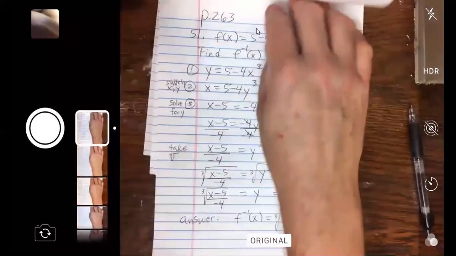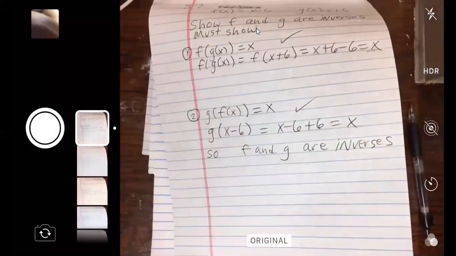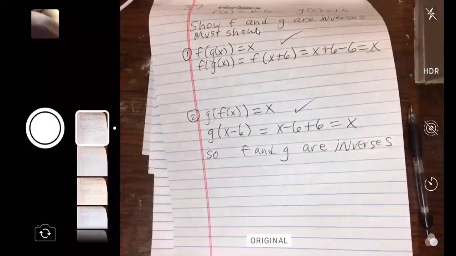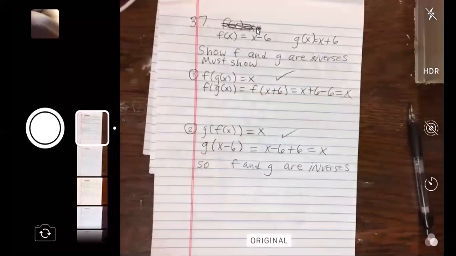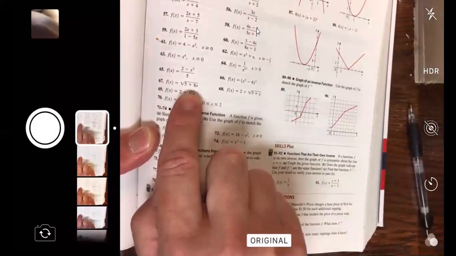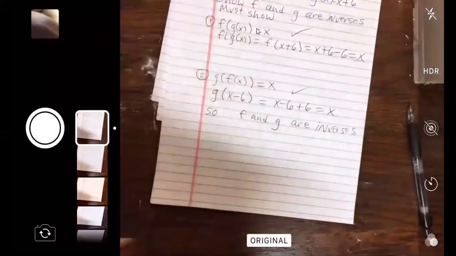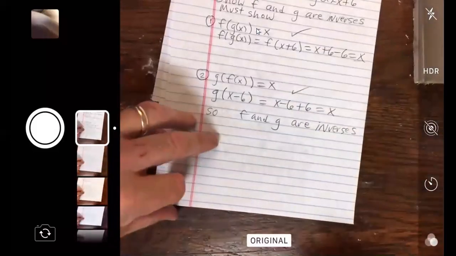Can you do one with a square root? One with a square root? Yes, sir. That would be like 67. Okay, that's the only one I see with a square root. Let me jump to the end.